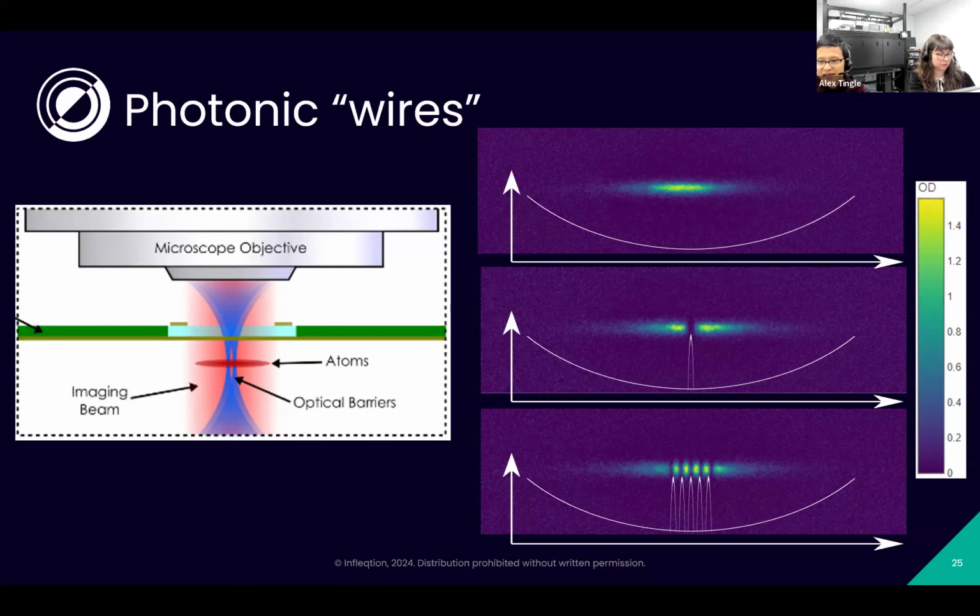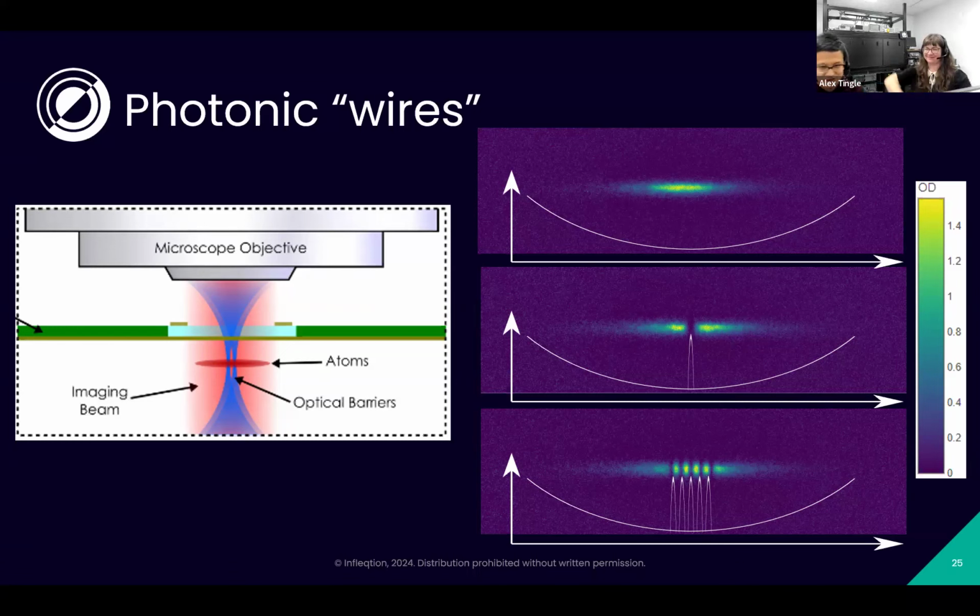As seen on the top left, a large atomtronic battery BEC can be created and then divided into two separate batteries by introducing a single optical barrier. And as I described earlier, you can do as you wish. You can move them around, you can suppress them.